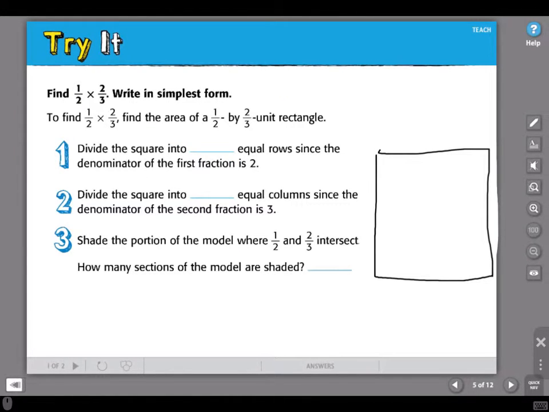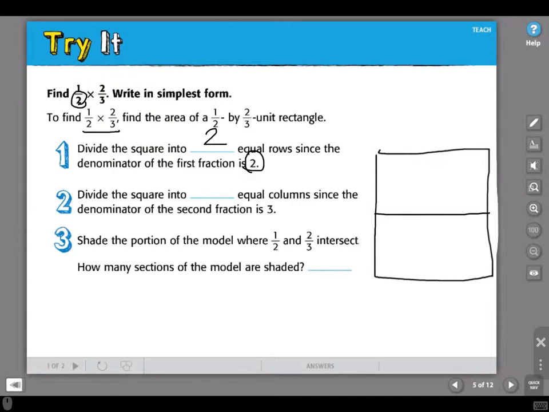Let's try another example. Here we're going to find 1/2 by 2/3. So my first step is to divide the square into 2 equal rows, since the denominator of my first fraction is 2. I divided this rectangle in half.